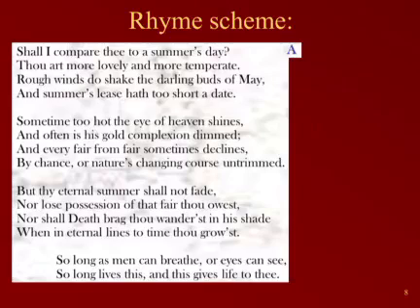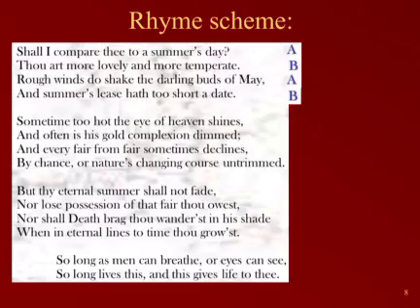Another last line word, which is similar with the first one, is in the third line. The word may. We mark it with the same letter. In the next line, we have the word temperate. It rhymes with date, so we mark them with the next alphabet letter B. The same thing we do with the second quatrain.